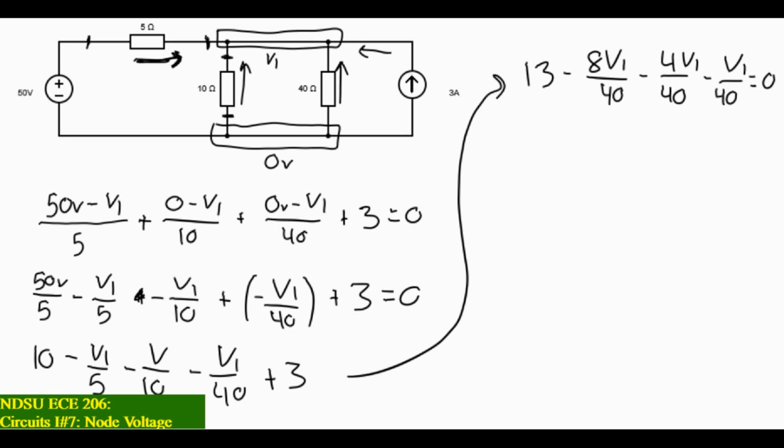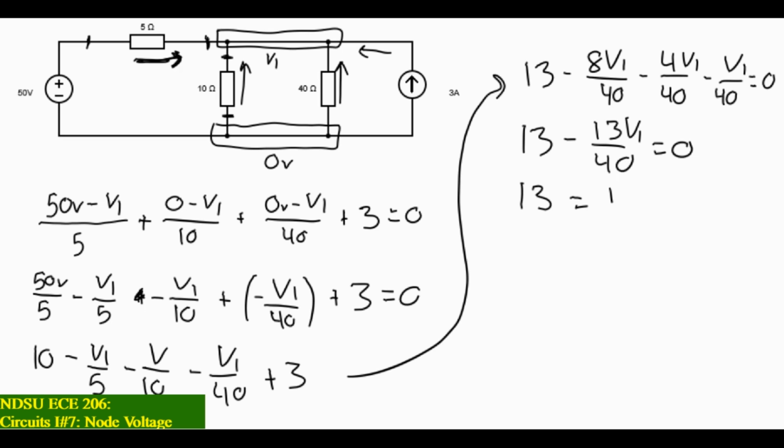All I did there was a common denominator. Let's add all those together. I'm going to get 13 V1 over 40 equals 0.